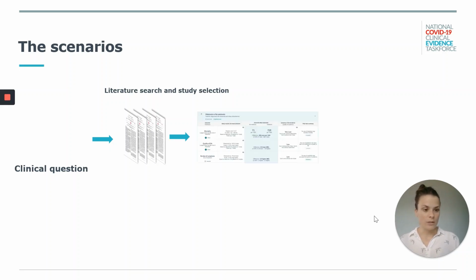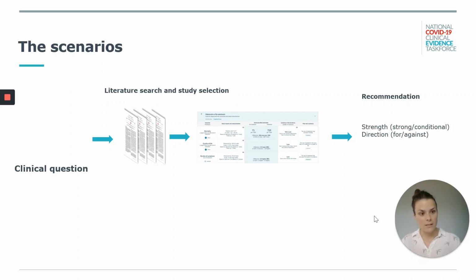You then end up with an evidence profile with all your results combined for this particular clinical question. You therefore end up being able to give a recommendation that has a direction to it, so for or against a given intervention, as well as a strength, so either a strong or a conditional recommendation.